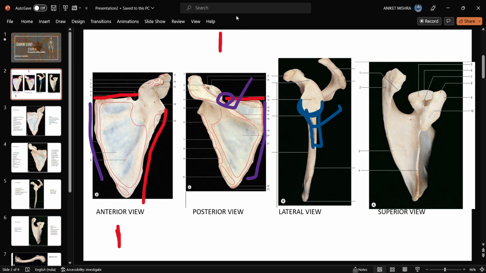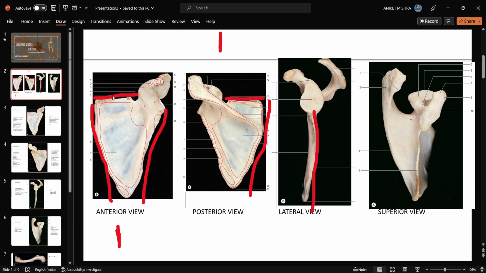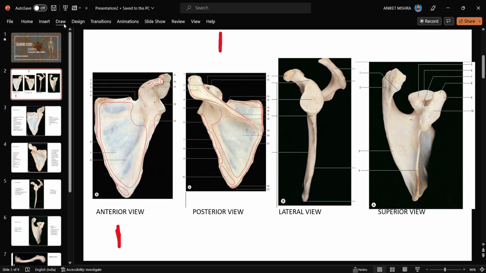Now we are going to talk about the angles.